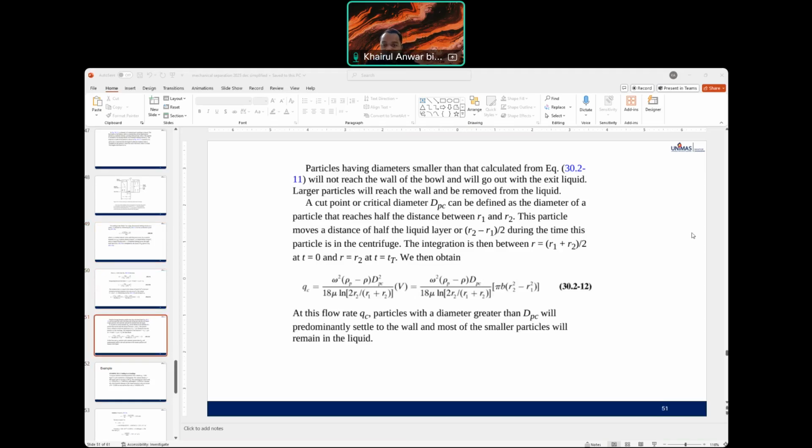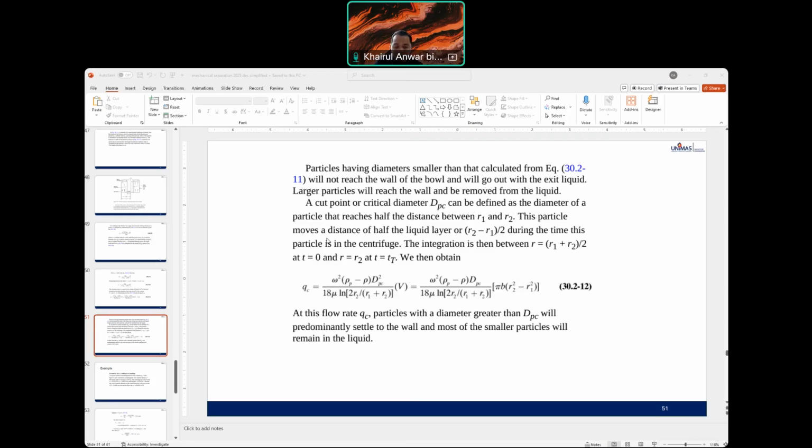So the way the centrifuge works, the particle should not mix with the outlet liquid or liquid discharge. It should stick on the bowl wall. A cut point or critical diameter dpc can be defined as the diameter of a particle that reaches half the distance between R1 and R2.